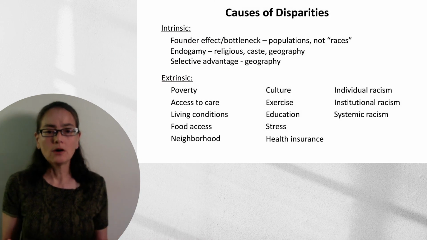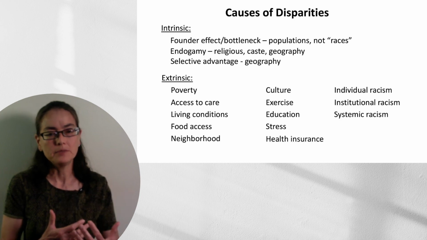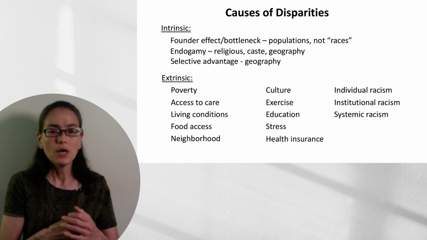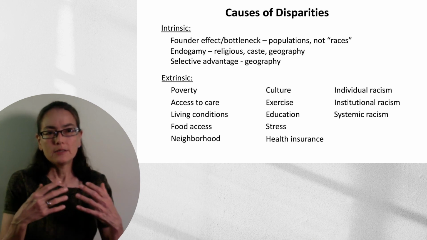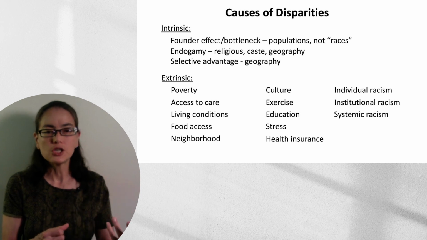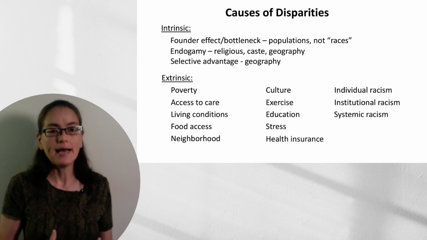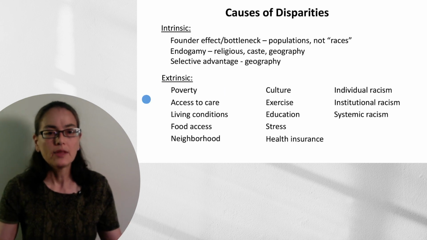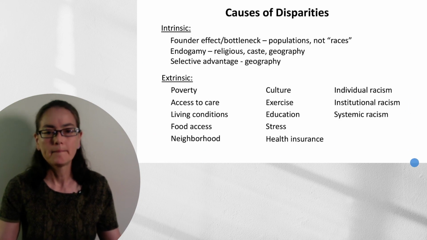So these are the causes of disparities, and it's important to recognize this. It's so tempting to get drawn into the research mindset of what are the genetic differences, what are the molecular differences, let's look to see if this gene is more common or this allele is more common, and step back from that and think that the greatest cause of disparities is going to be here. This is where we can do the most good, okay?